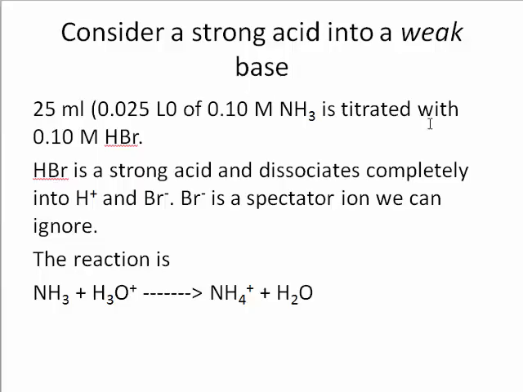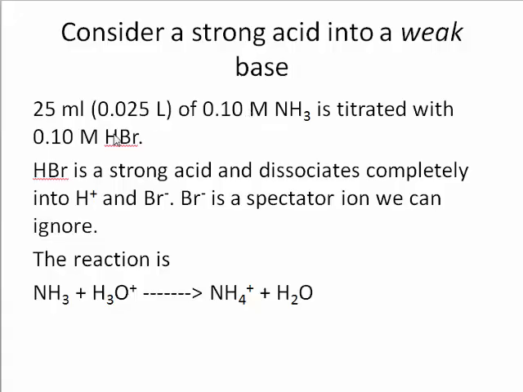Alright. Let's consider titrating a strong acid into a weak base by comparison. Here we will titrate 25 milliliters of 0.1 molar ammonia with 0.1 molar hydrobromic acid. Now remember, ammonia is a weak base, but hydrobromic acid is a strong acid.